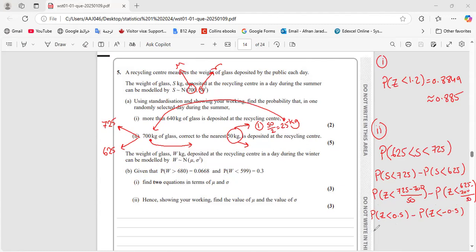You need to convert it: the probability of Z less than half, minus 1 minus the probability of Z less than half.